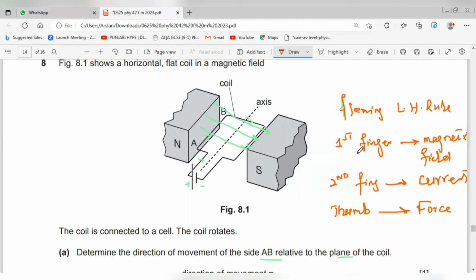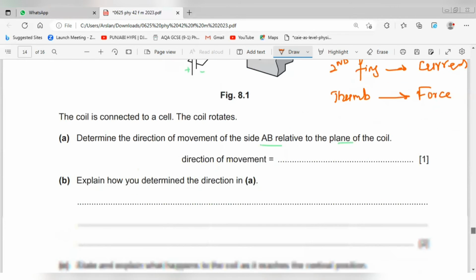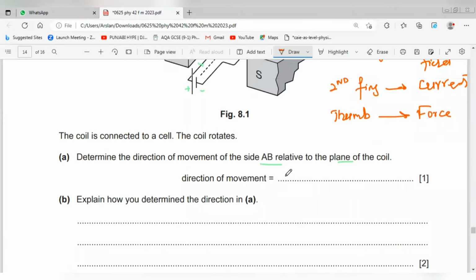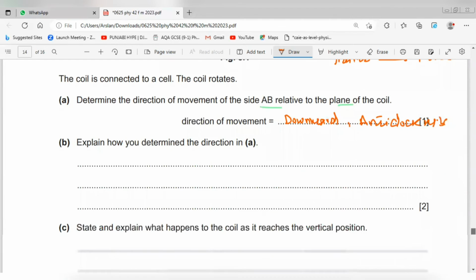If you apply this law on side AB, you will get thumb downward, and of course this side will be upward. So the coil will rotate in anti-clockwise direction. You will write the direction downward of side AB. The coil will rotate anti-clockwise. You can write downward or simply anti-clockwise.